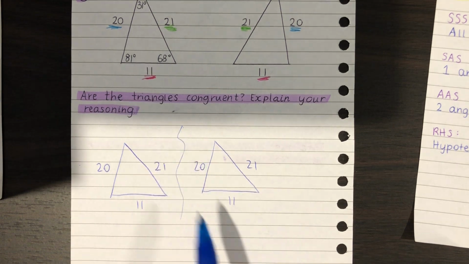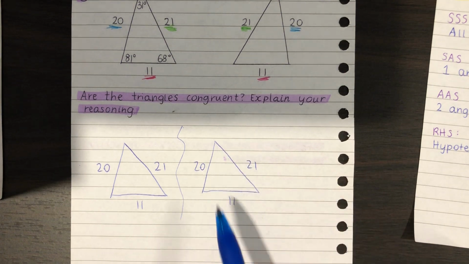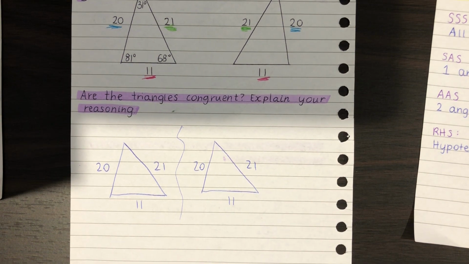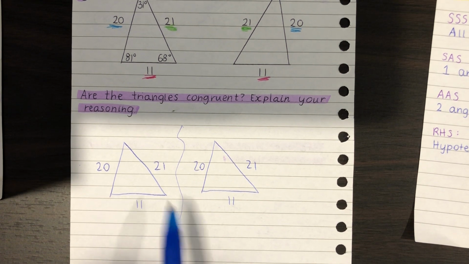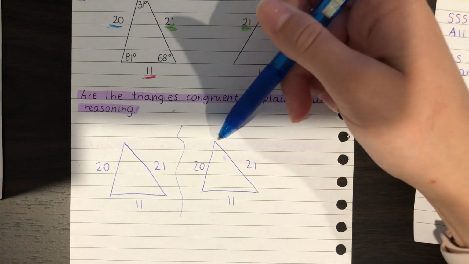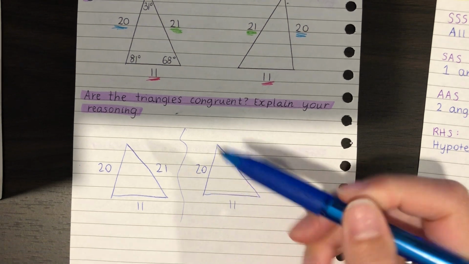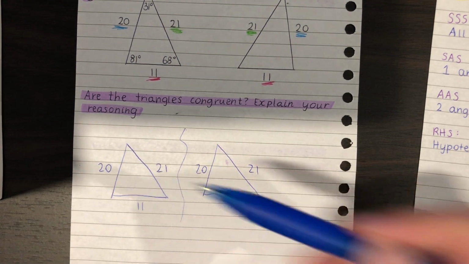So this triangle is that one, and this triangle is this triangle once it's flipped the way that we want it. And we can see that all the sides are exactly the same between both triangles. 11 is down the bottom, 11 is down the bottom here, 21 is this side length here, 21 is this side length here, 20 is this side length there, and 20 is this side length there.